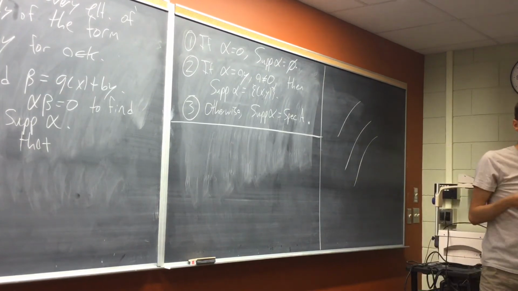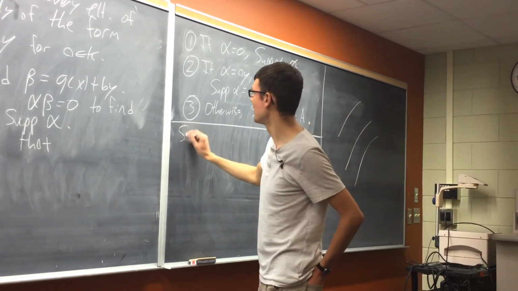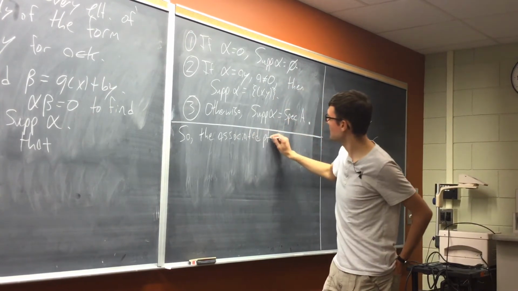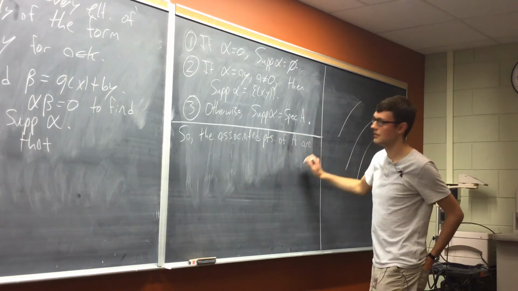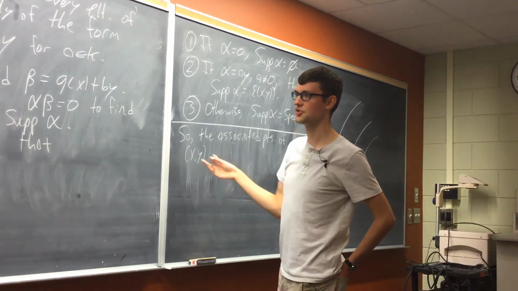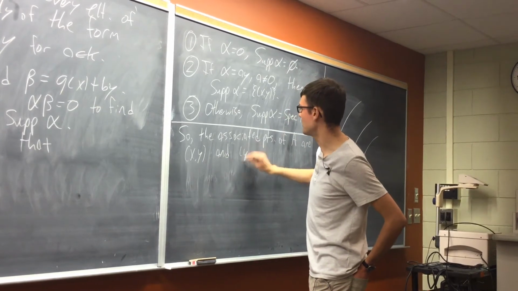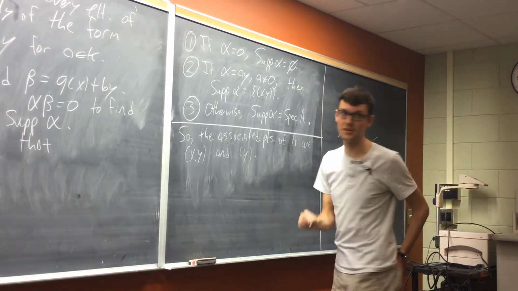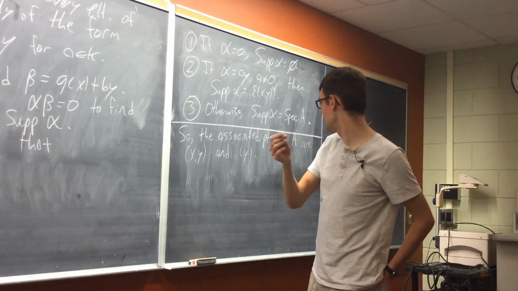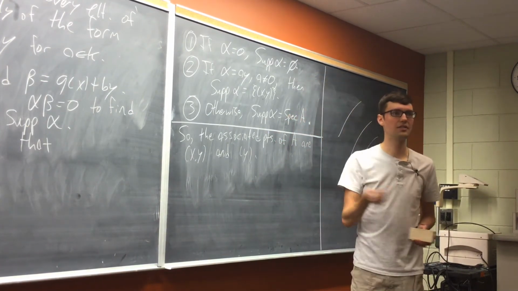Okay. So I guess I should draw this other conclusion. The associated points of A: well, the origin is the generic point for the origin, and the ideal generated by y, because the closure of that is spec A. So you'll notice there are two breeds of these associated points.